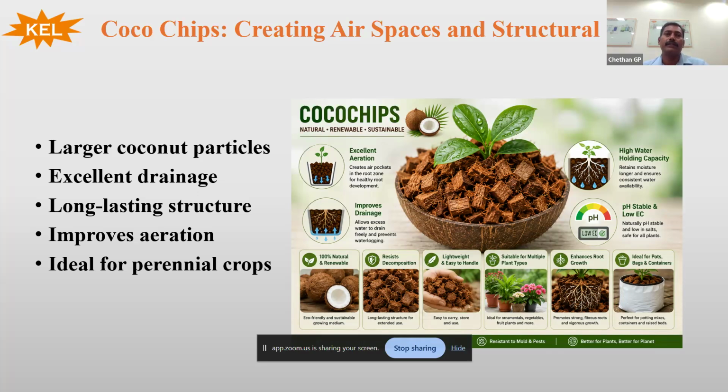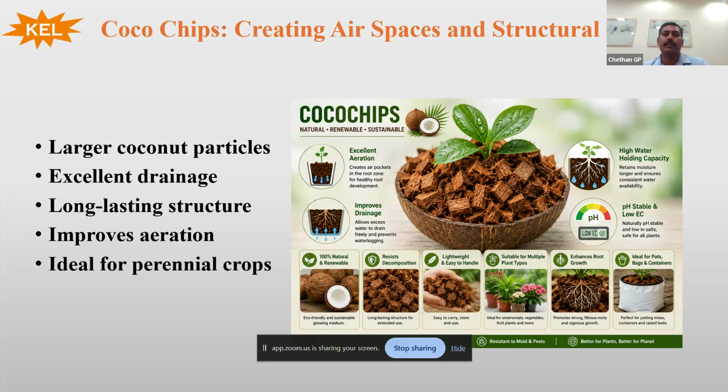Fine material gradually settles and compacts, reducing oxygen availability to roots. So coco chips resist decomposition and maintain structural stability, helping preserve the physical integrity of the substrate throughout the extended life cycle of crops like ginger, turmeric, or anthurium.